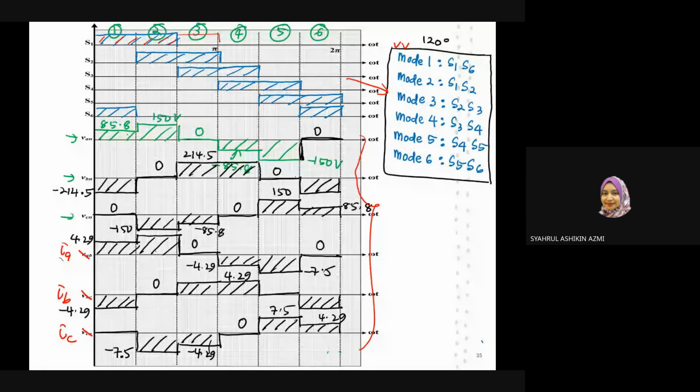So you don't sketch 85.8 higher than 150 in the waveform, because it will give the impression that the level is different, that 85 is higher than the one in mode number 2 here, although from your calculation, mode number 2 is 150, because the marks are distributed differently. So make sure for the sketching, at least you are able to sketch the correct waveform.